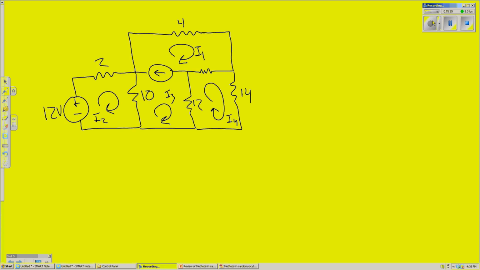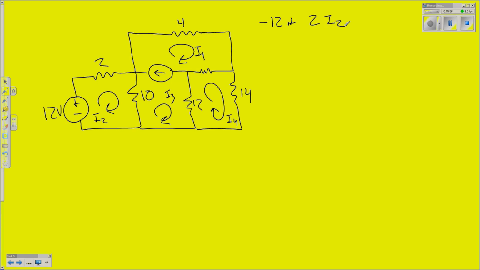So first we go through our normal equations. We have our I2 minus I3s. So let's start that out. So negative 12 plus I2 times 2. And then we have our last term, which is across that 10 ohm resistor.